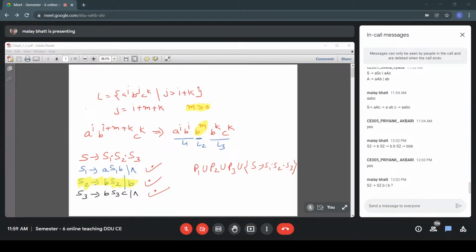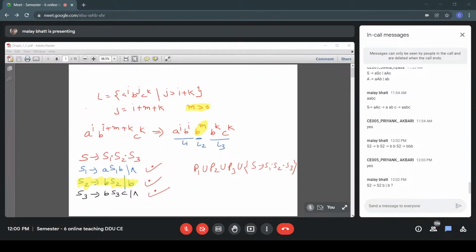And at last, we have to do the concatenation of the three languages L1, L2, L3. To achieve the concatenation, we add the rule S gives S1 S2 S3, the concatenation of three different languages.